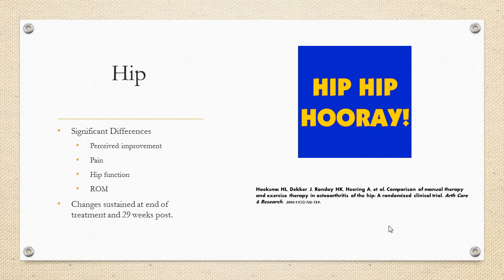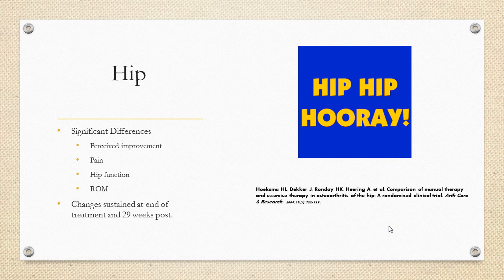So we want to look at a quick study comparing manual therapy and exercise in hip osteoarthritis by Hoeksema et al. The purpose was to determine the effectiveness of a manual therapy program compared to an exercise-based program with individuals in hip OA.